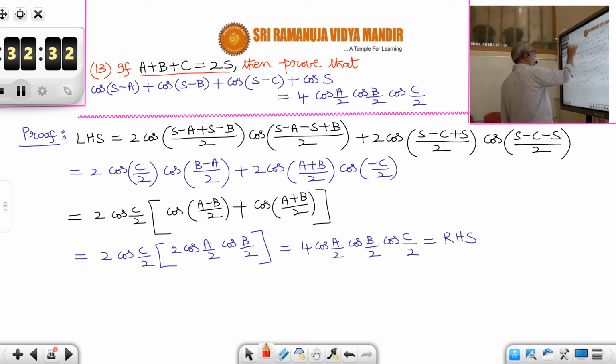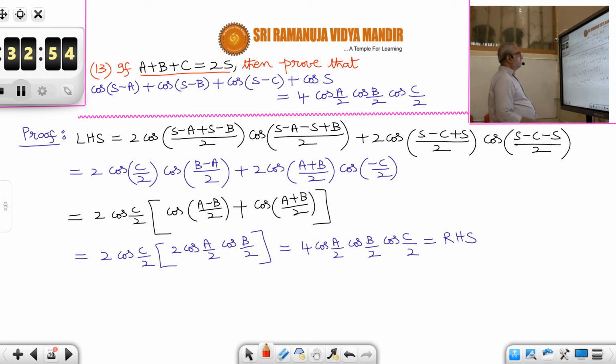So generally it is saying that a plus b plus c is equal to 2s. Then prove that cos s minus a plus cos s minus b plus cos s minus c plus cos s is equal to 4 cos a by 2 cos b by 2 cos c by 2.